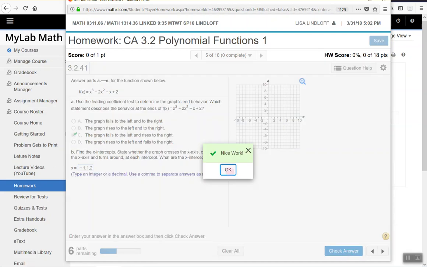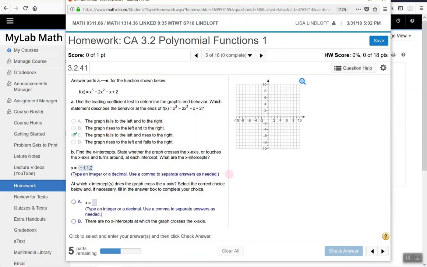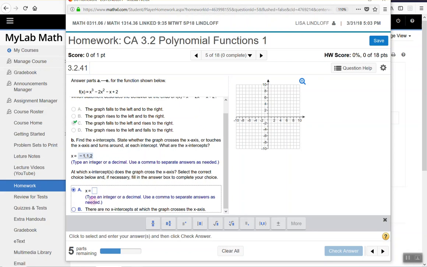I did that off screen. All right, this one looks very much like the one that we were looking at, and all of these cross the x-axis, so I will list them all again. -1, comma, +1, comma, 2.